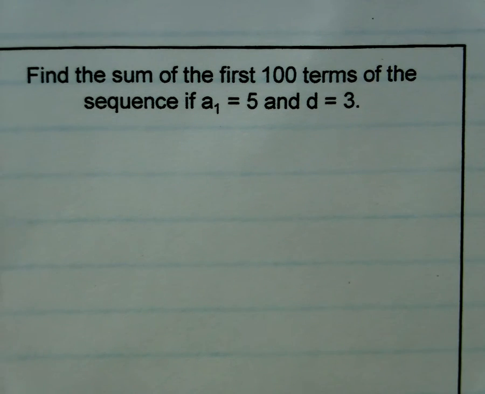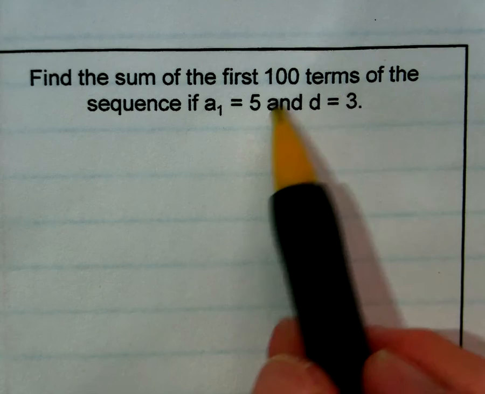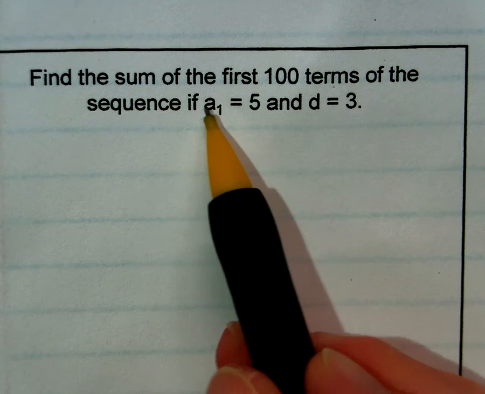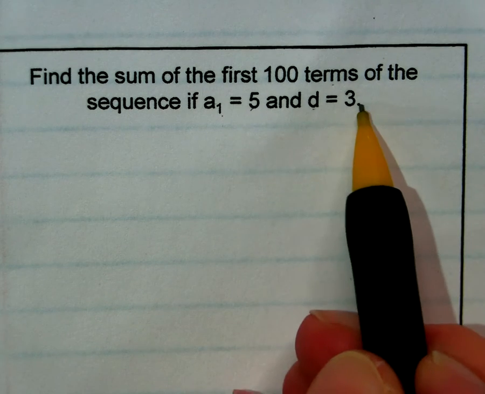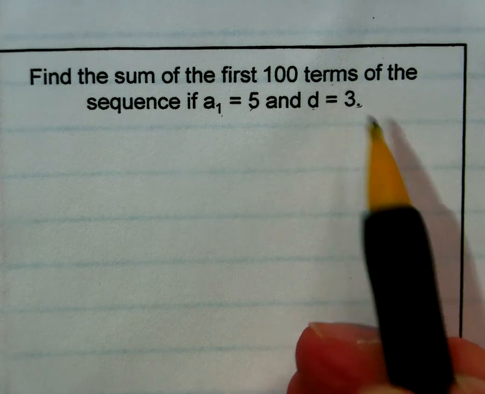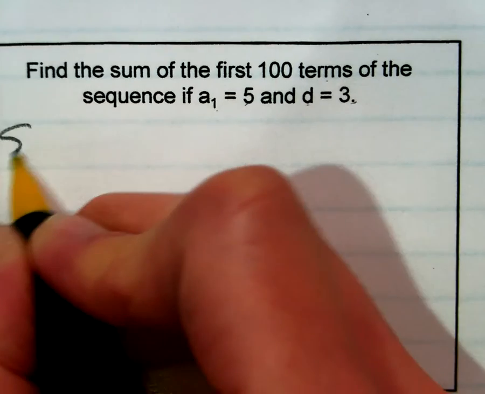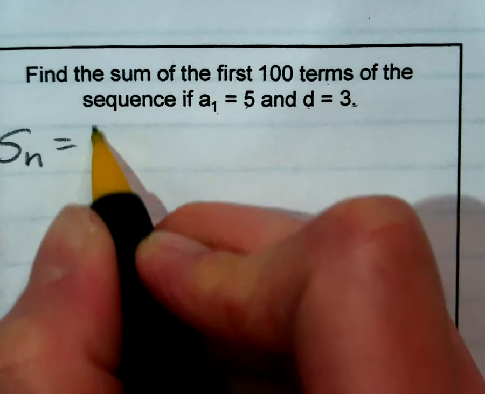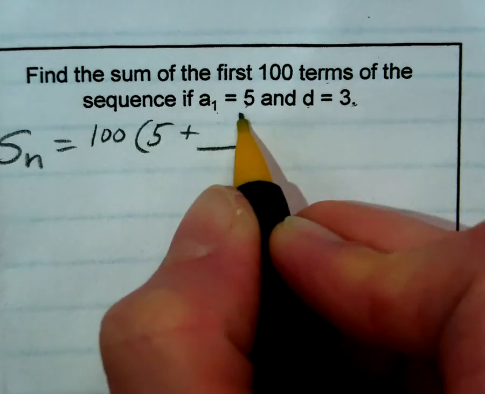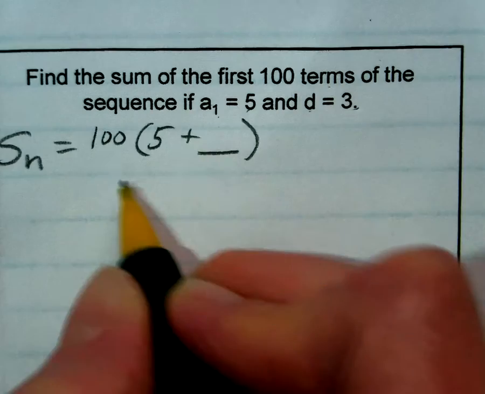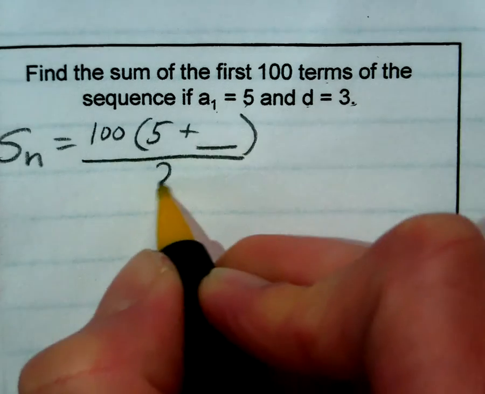So it says on the next one, find the sum of the first 100 terms of the sequence if a1 is 5, so the first term is 5, and the difference is 3. So when we do our formula for this, we know there's 100 terms. We know the first term is 5, but we don't know what the 100th term is, divided by 2.